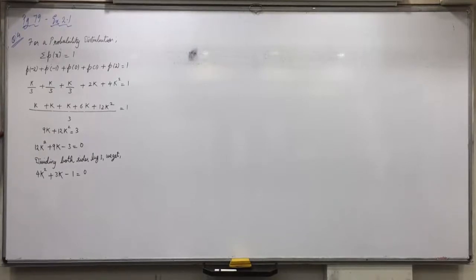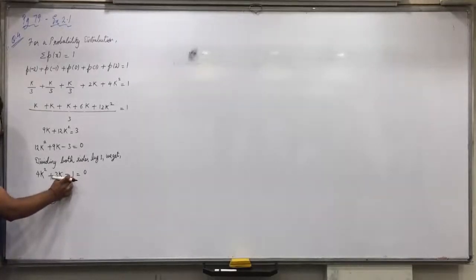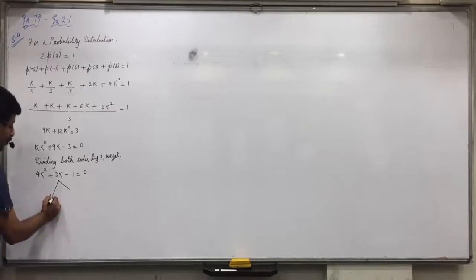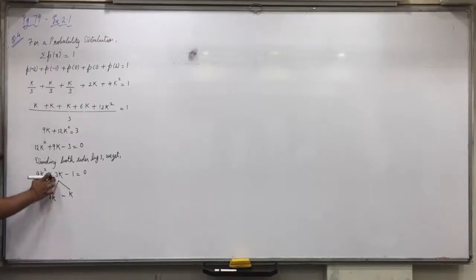Yes, be attentive everyone. What is 4 into minus 1? Yes, 4 into minus 1? Minus 4. So how will you split 3k in 2 parts to get multiplication as minus 4? 4k minus k. What is 4k minus k? And what is 4 into minus 1?